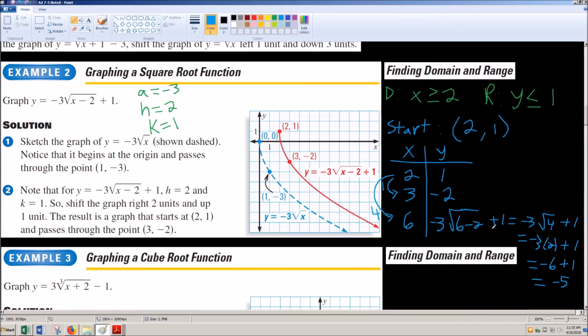That's kind of the reason I haven't been writing them all out, it takes up a little more screen real estate than I've got. So this one would be 6, negative 5.